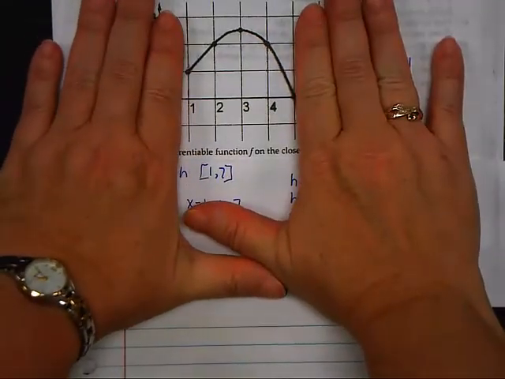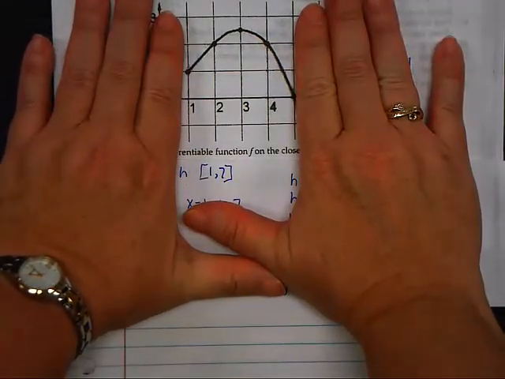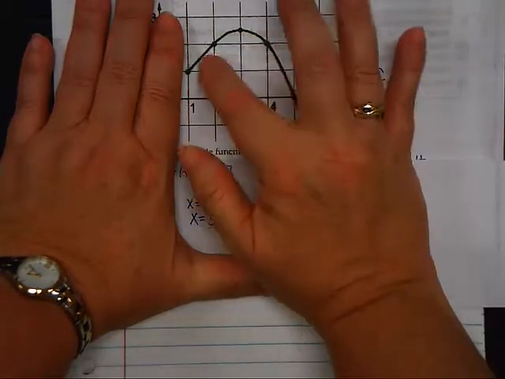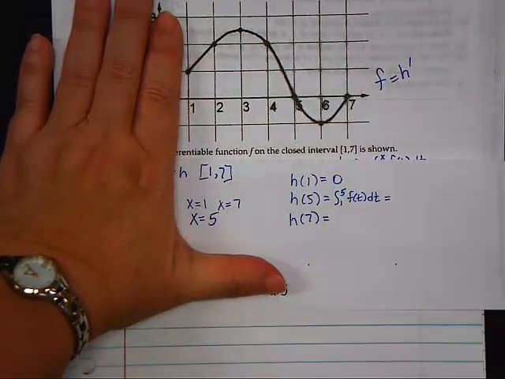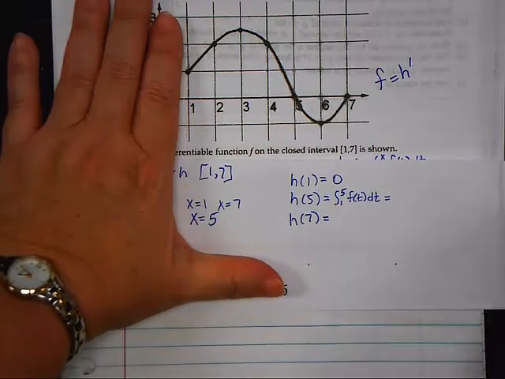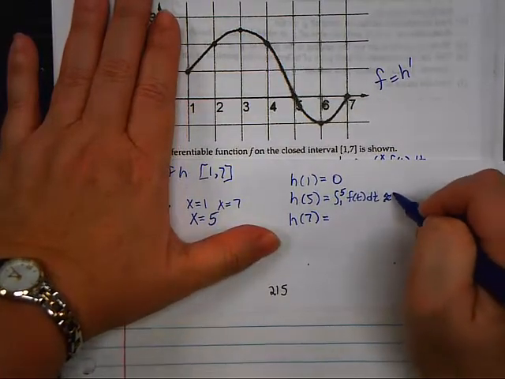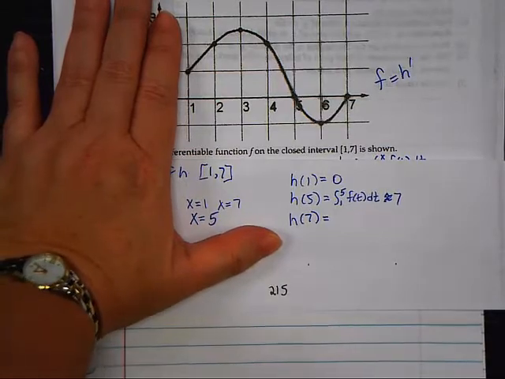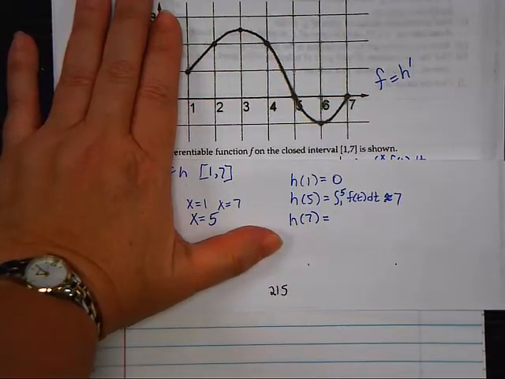From here to here, can you estimate that area for me in squares? 1, 2, 3, 4, 5, 6. A little over 7. So let's call it approximately 7. Or you can put 7.3 if you want to. 7.5 if you want to.